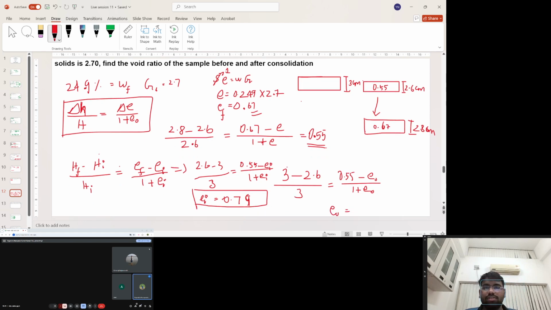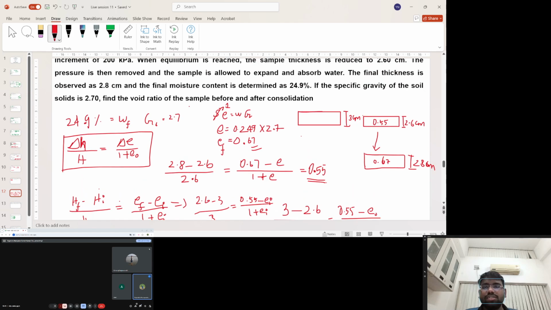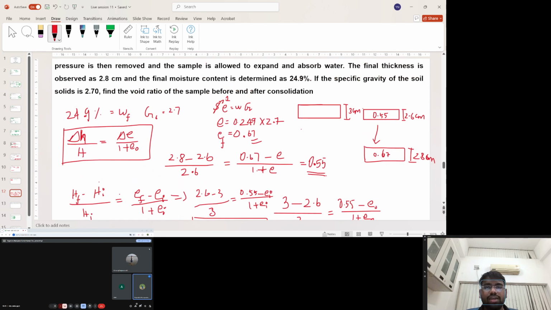Right. So before consolidation, the void ratio is 0.79. After consolidation, the void ratio is 0.55. All right. Yes, sir. So now coming to the next question.